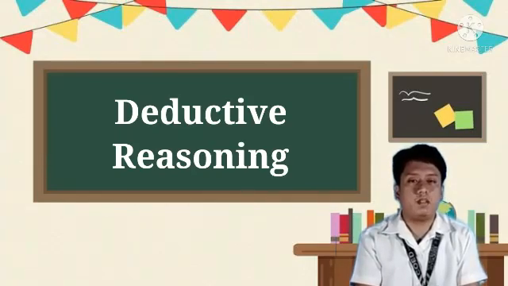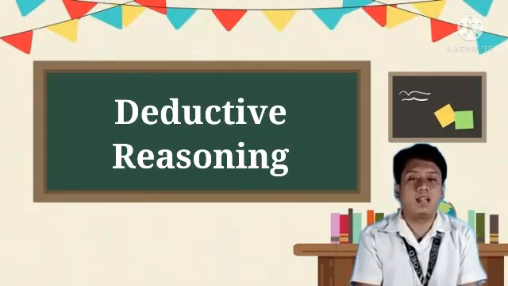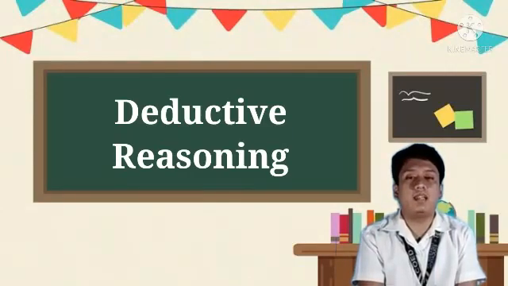Example: all triangles have three interior angles that sum to 180 degrees. Right triangles have exactly one 90 degree angle and two angles that add to 90 degrees. Therefore, the two remaining angles of all right triangles must each be acute.